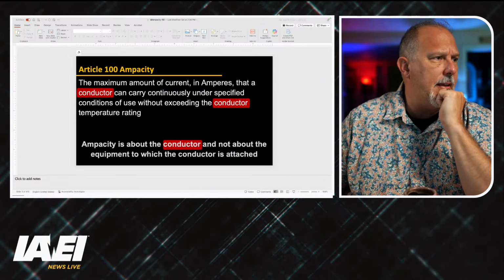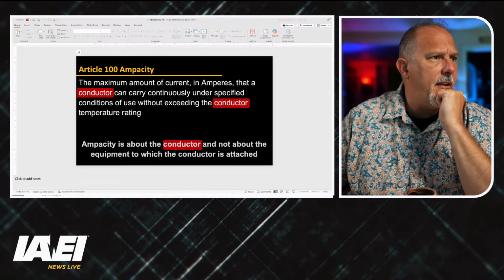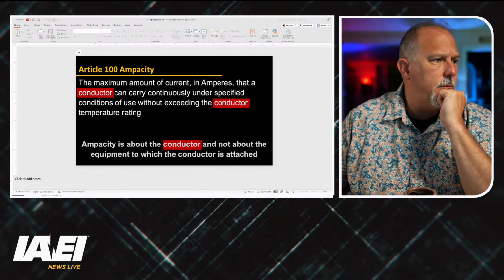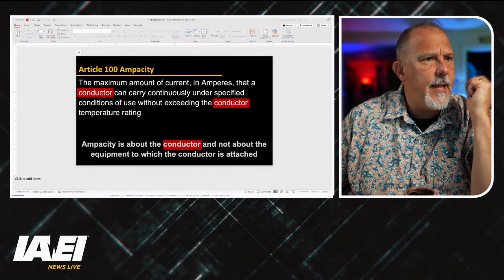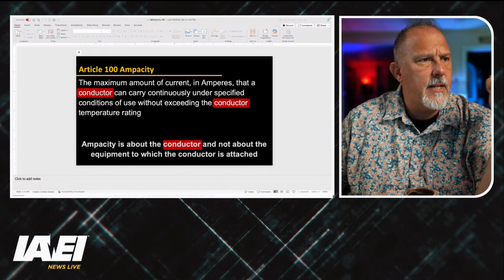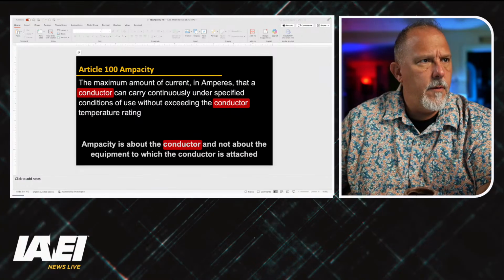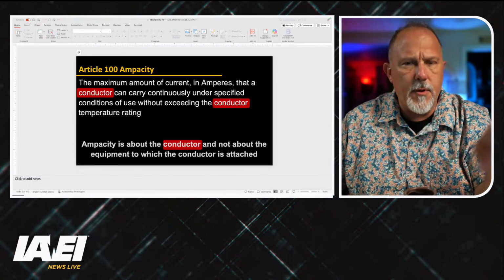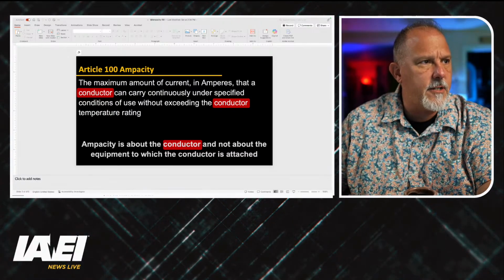Let's go back to 310. So if I look at 310.14, it tells me I've got tables. It tells me I select my ampacity. That's that weakest link, with regard to the conditions of use. I've got temperature limitations of the conductor.